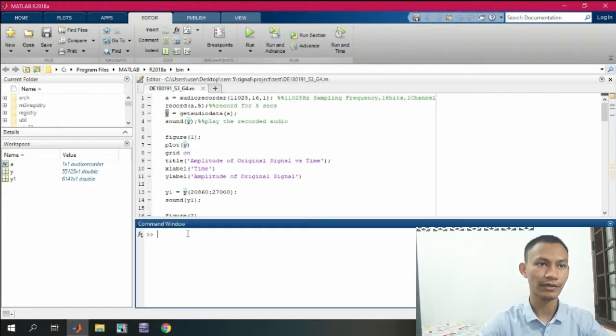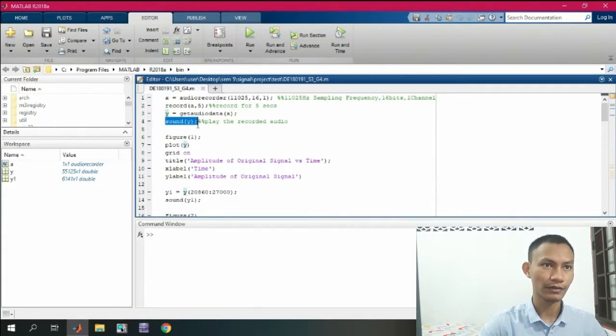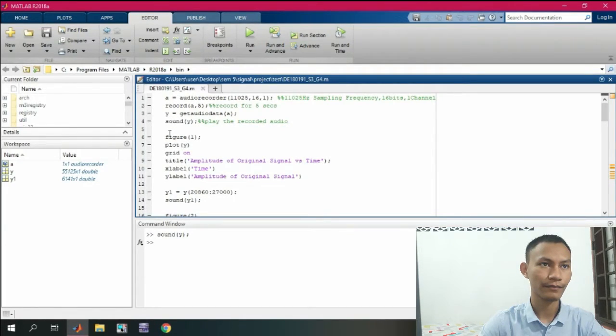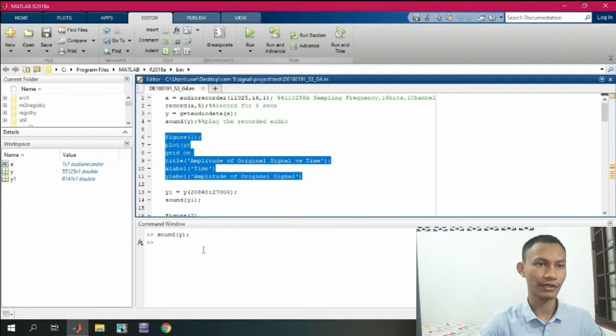You can hear the sound here. Never mind, I just copy here. You can see the sound. UTHM FKEE. So this is the graph of UTHM FKEE.